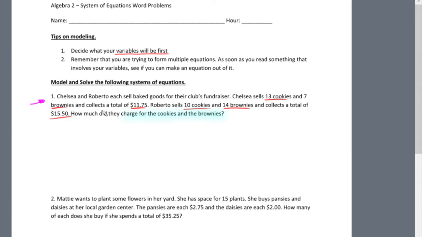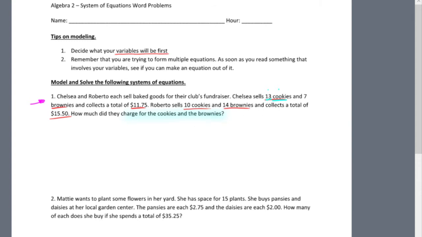So typically, whenever they associate a number with an object like this, 13 cookies, that is a multiplication. 7 brownies, that is multiplication. It's 13 times your variable for cookies, and 7 times your variable for brownies.